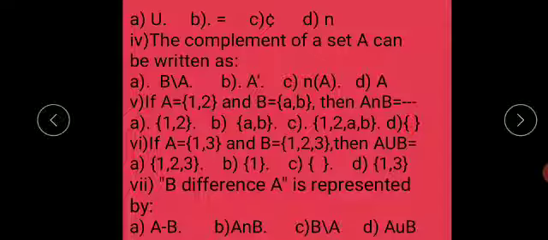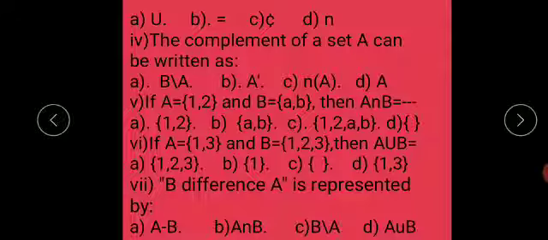Sixth part is if A is equal to {1, 3} and B is {1, 2, 3}, then A union B is equal to {1, 2, 3}, {1}, the null set, or {1, 3}. Student, you have to solve these parts in rough work and then you will find the correct answer.